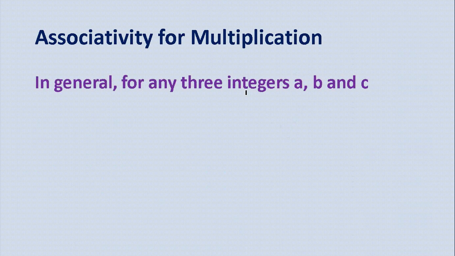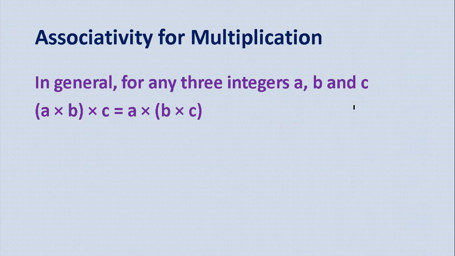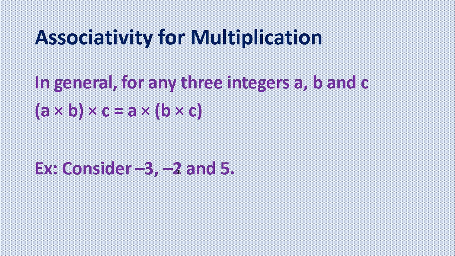Next, associativity for multiplication. In general, for any three integers a, b, and c, (a into b) into c is equal to a into (b into c). Consider -3, -2, and 5. Let us verify the associative property for multiplication.